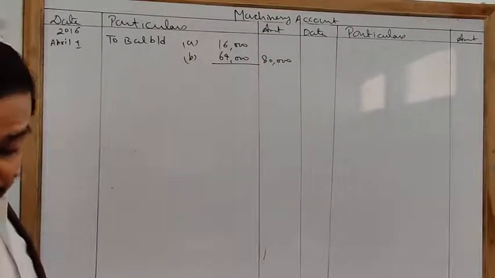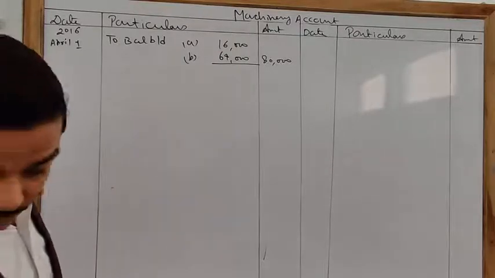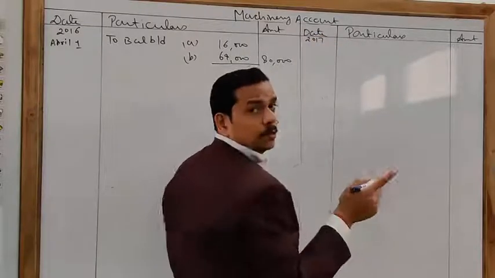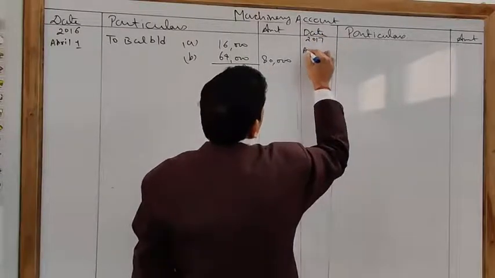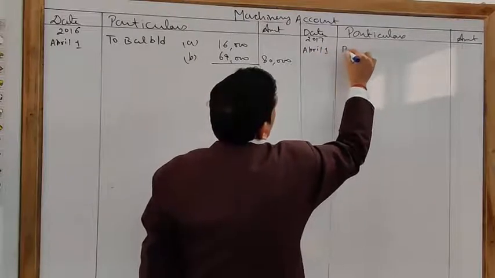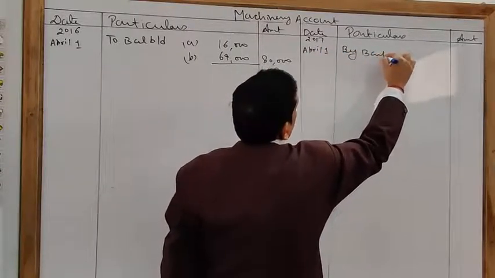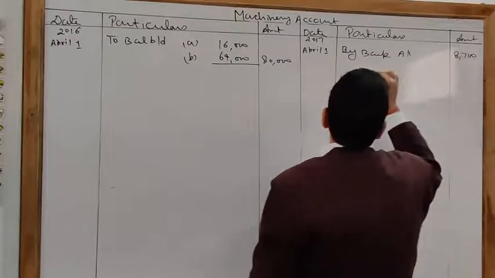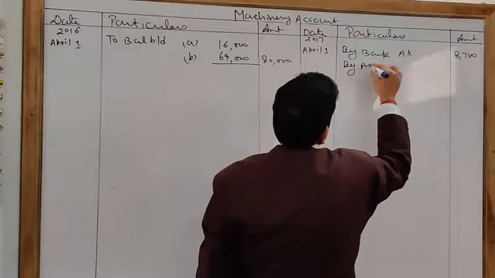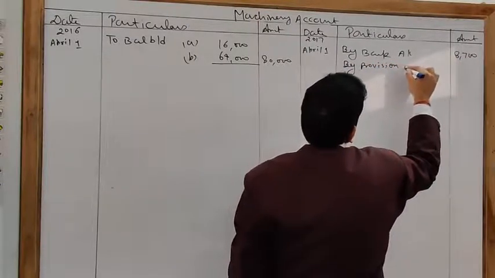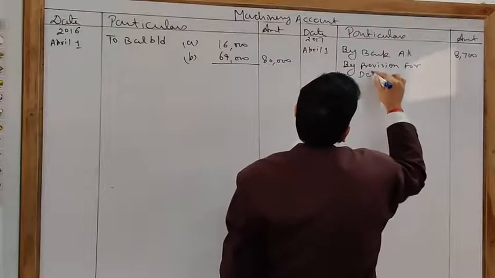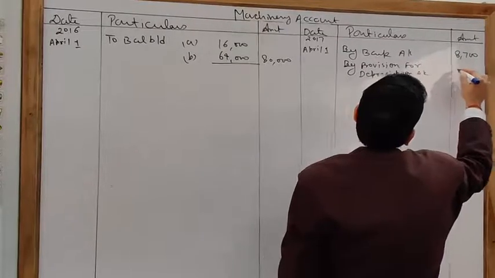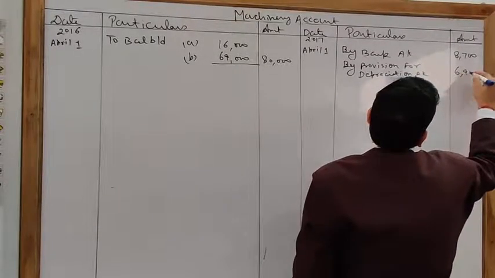Now on the same date we have sold the machine. I have already passed the journal entries and you have to do the posting of that journal entry. 2017 April 1. So by bank account, how much amount you have received from the sale of machine? That is 8,700. By provision for depreciation account, that is 6,400.